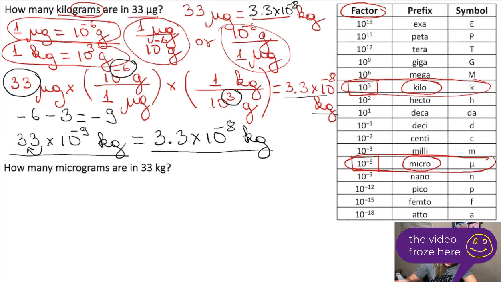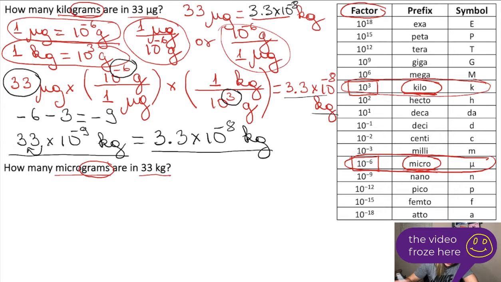Okay, let's take a look at the second example. How many micrograms are in 33 kilograms? Okay, what is the base unit? Again, grams. And we are working again with micro and kilo, but now we are going in the other direction.